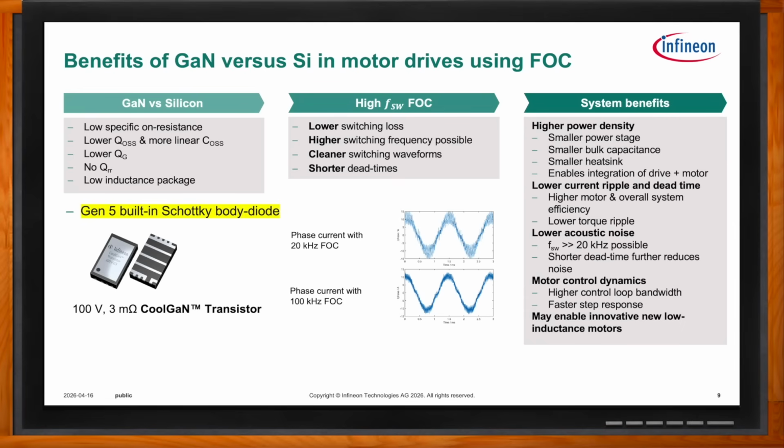And then also the other advantage of going to higher frequency is the control dynamics. By increasing PWM frequency, we can increase current loop bandwidth, and that leads to better, more precise control of the overall, whether it's velocity or position control.